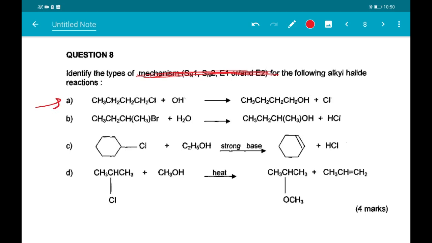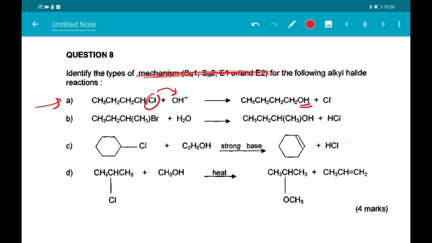For A, you can see that we have CH3CH2CH2CH2Cl, and then we're going to add OH negative. What's going to happen to the product is, we notice that the Cl is being replaced by OH, and then it is being omitted from the carbon chain.